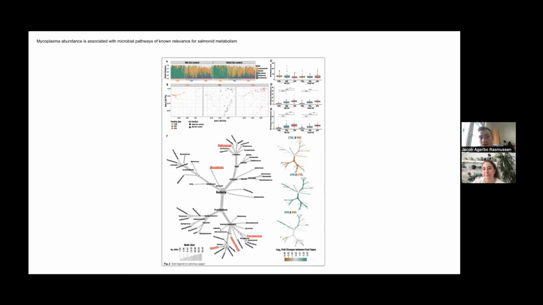So it might be something that mycoplasma could help with, like in protein uptake, because it also affected the feed efficiency ratio, but not significantly. So it's quite difficult to tell, actually.